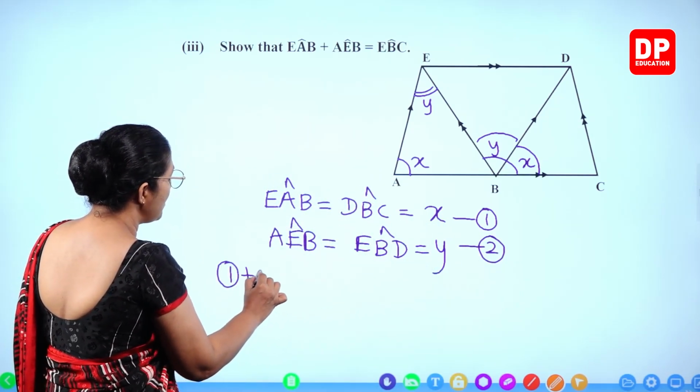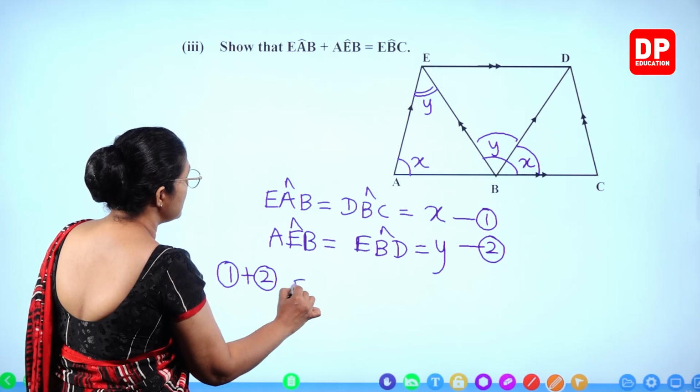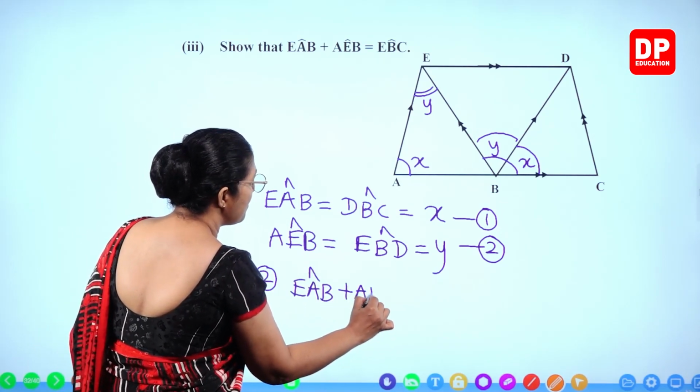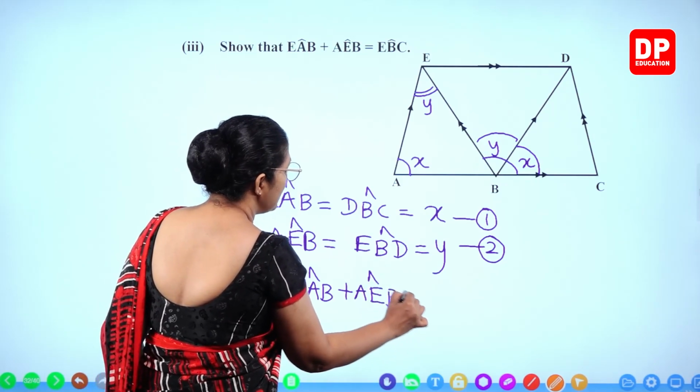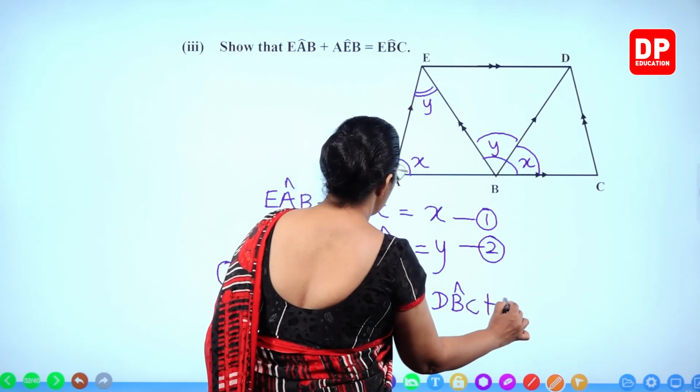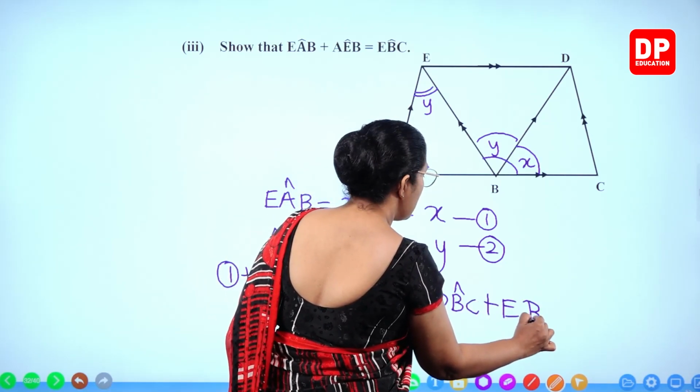When you add 1 and 2, what happens? You get EAB plus AEB is equal to DBC plus EBD.